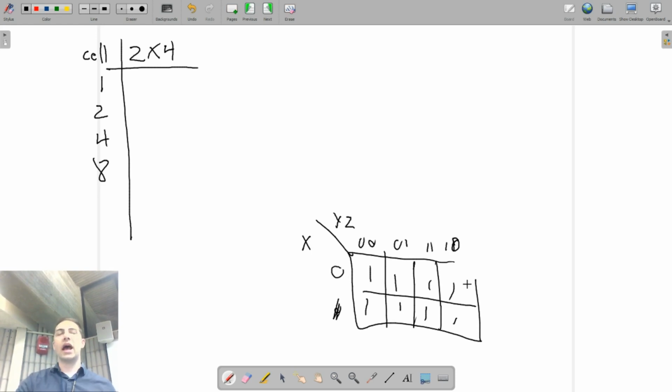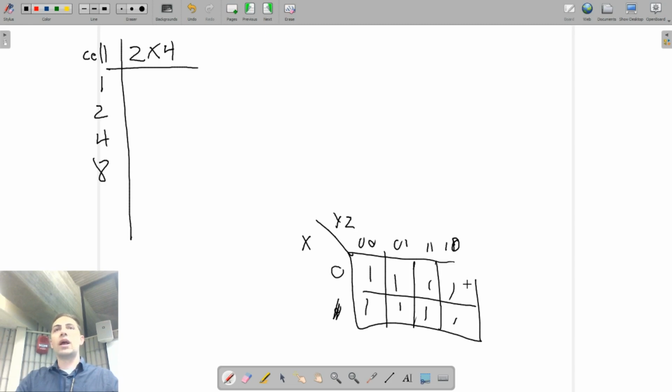Now, if we circle all 8 cells, that means that no matter what we put in for X and Y and Z, we get out 1. It's always going to be 1.